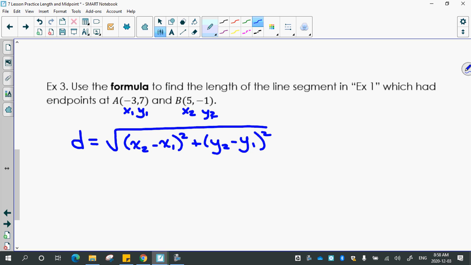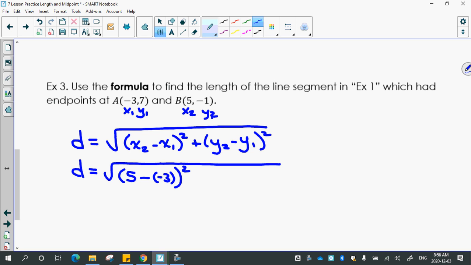Then we want to substitute the values in. So now it's just using a formula. I still have my bracket. x2 is the number 5. There's a minus right in the formula, and x1 is negative 3. So I have 5 minus negative 3 squared.